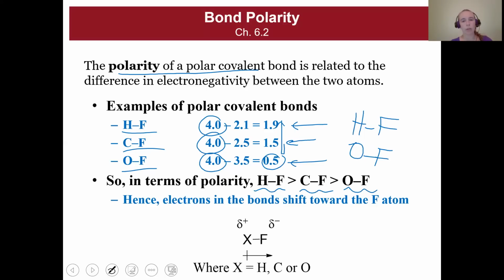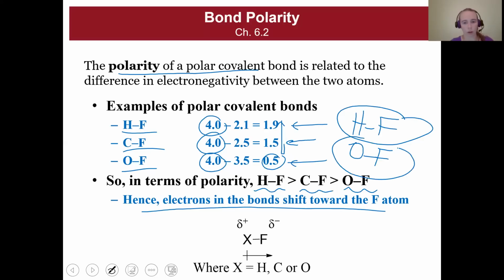For all three of these, fluorine is the more electronegative atom, so the electrons in the bonds shift towards the fluorine atom. They shift more towards the fluorine atom with the HF bond than with the OF bond, but they're still shifting. So we draw our partial charges. Fluorine is going to have the partial negative. It's where most of the electrons are found, and electrons are negatively charged.